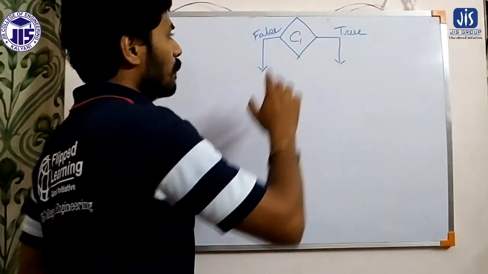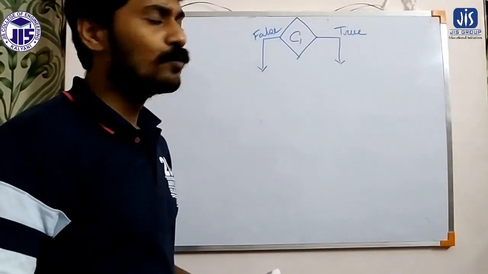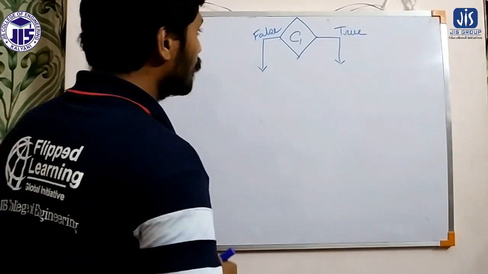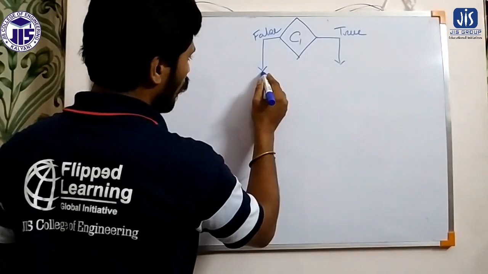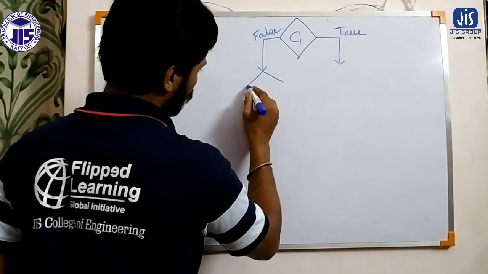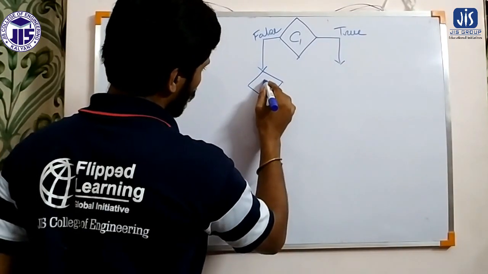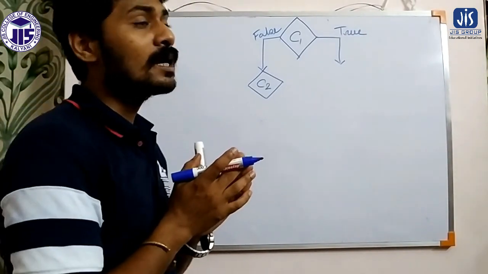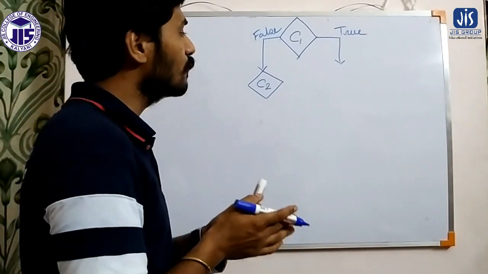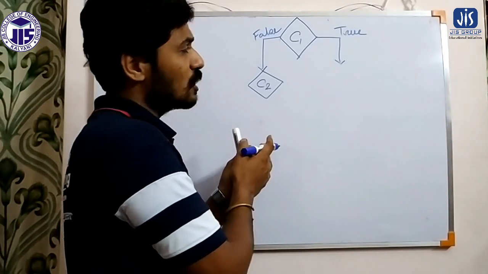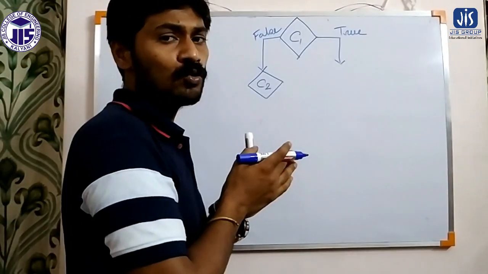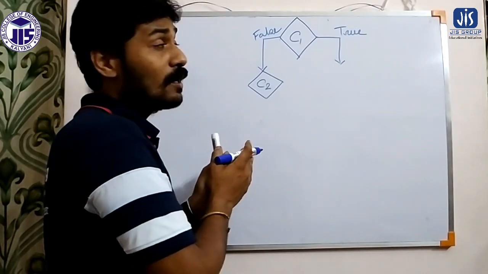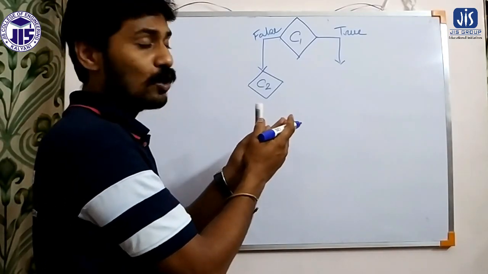This condition may be true, or it may be false. We will check condition 2 if condition 1 is false. If you remember nested if, we applied the second condition if the previous condition was true. Here we are doing just the opposite.